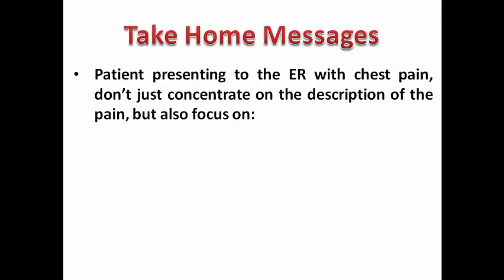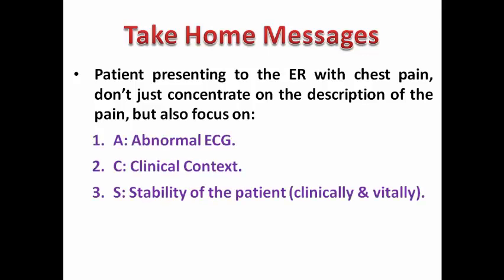So we have reached the end of the first video in these guidelines, and our take-home message is that for a patient presenting to the ER with chest pain, don't just concentrate on the description of the pain, but also focus on A, abnormal ECG or not. But a normal ECG does not exclude acute coronary syndrome or MI. Clinical context, the risk factors, the whole clinical presentation.